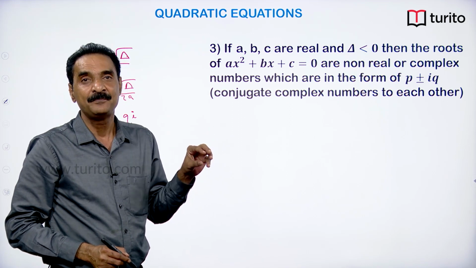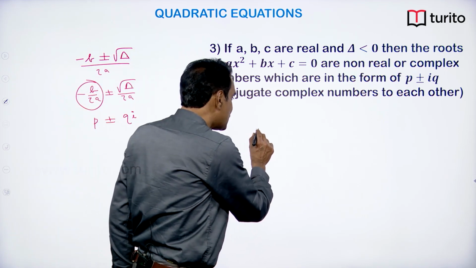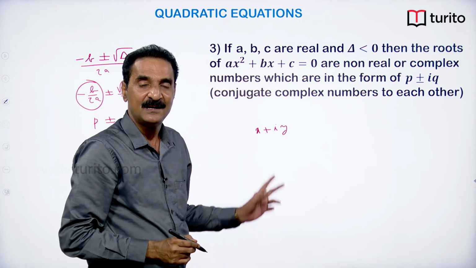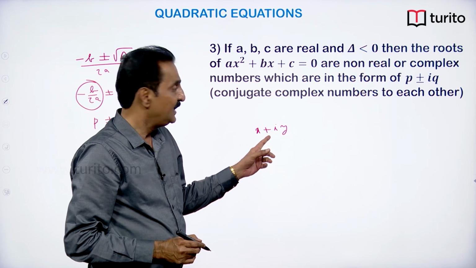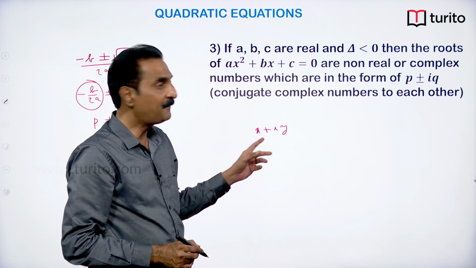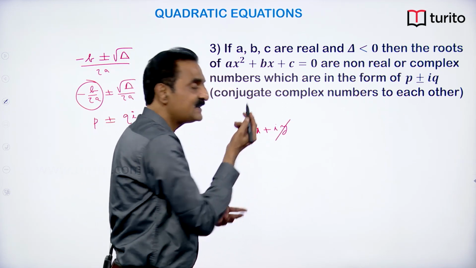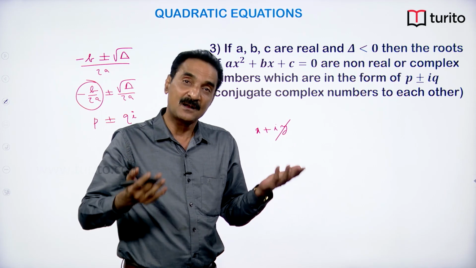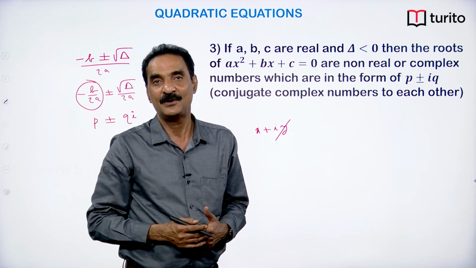Why non-real? Because if you take a complex number x plus iy, where i is square root of minus 1, x and y are real. If y is equal to 0, still it is called a complex number. If y is equal to 0, what happens? It is x, real. That means all real numbers are also complex numbers. Okay.